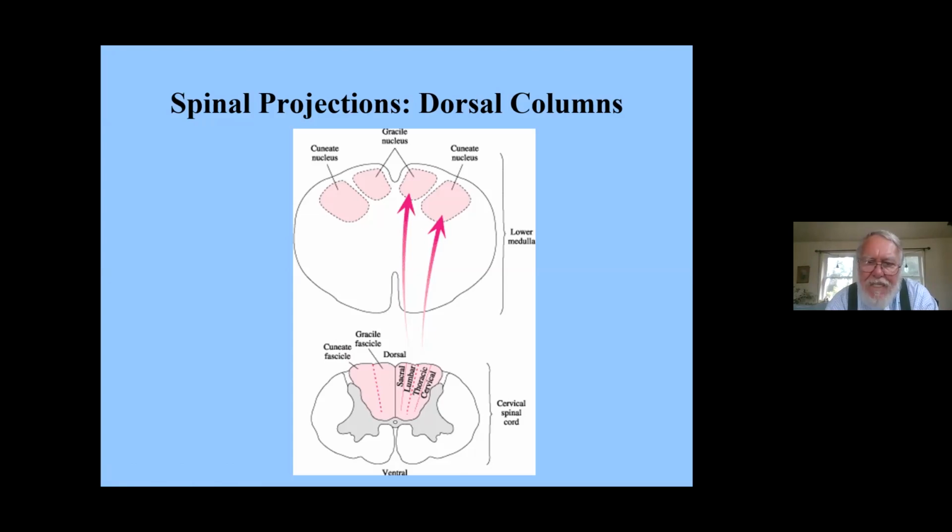So what you can basically see is for the fasciculus gracilis, you have sacral information, lumbar, and then the lower thoracic is on either side, and then the upper thoracic and the cervical are more lateral in the cuneate fasciculus. These things project directly into the lower medulla, right behind the obex, for the first synapse going into either the nucleus gracilis or nucleus cuneatus.